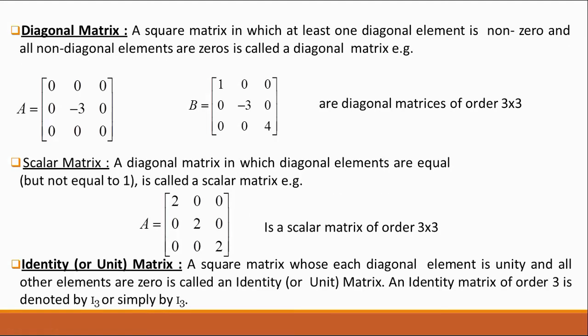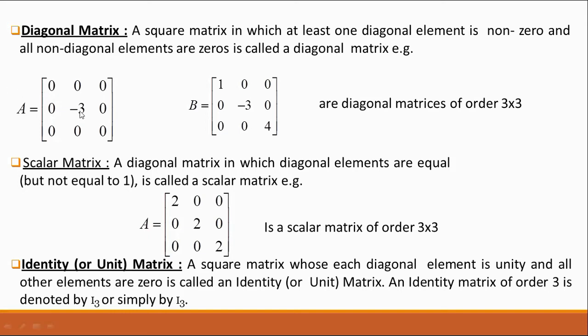Now, what is a diagonal matrix? A square matrix in which at least one diagonal element is non-zero and all non-diagonal elements are 0 is called a diagonal matrix. Dear students, note that for a diagonal matrix, it is not necessary that all the diagonal elements be non-zero.